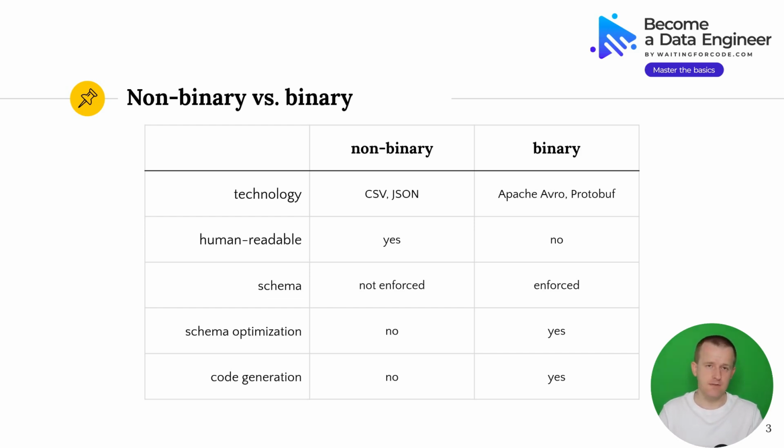Schema optimization, of course, is also something very important. When you have JSON files, for example, you have the schema defined in each row. So it gives you flexibility because you can add or remove attributes and have the schema non-consistent if you want. But on the other hand, if you want a consistent schema, you will define each attribute for each row. By attributes, I mean key and value.